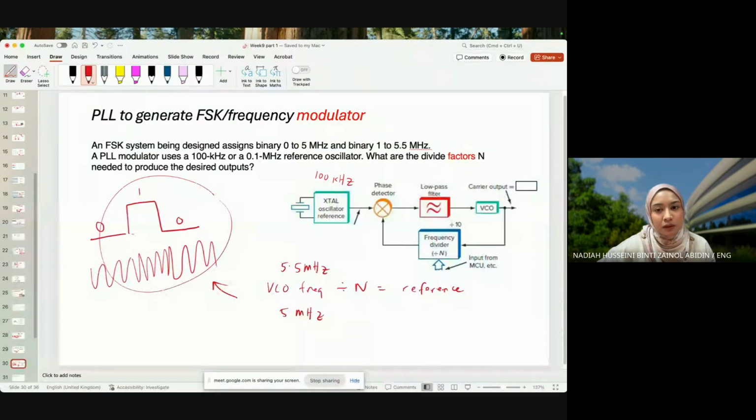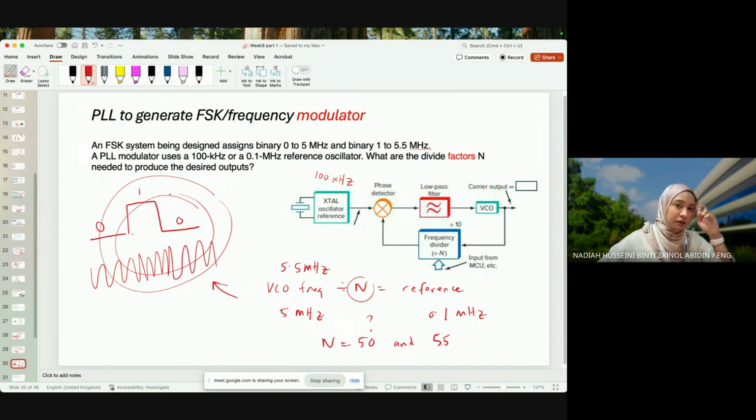My reference is 100 kilohertz, or 0.1 megahertz. So what is N? 5 divided by 0.1, is it 50? Yes, 50. So N should be 50 and 55. My computer should set this N value of 50 or 55 depending on the binary input.